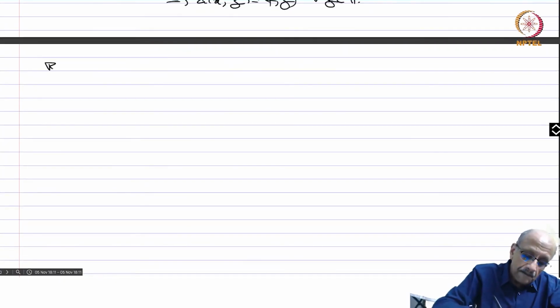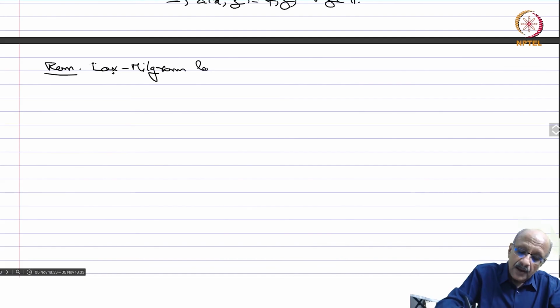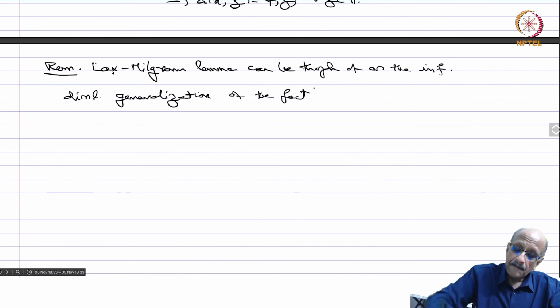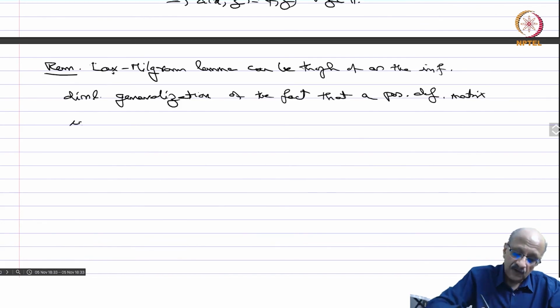So remark, Lax-Milgram lemma can be thought of as the infinite dimensional generalization of the fact that a positive definite matrix is invertible.